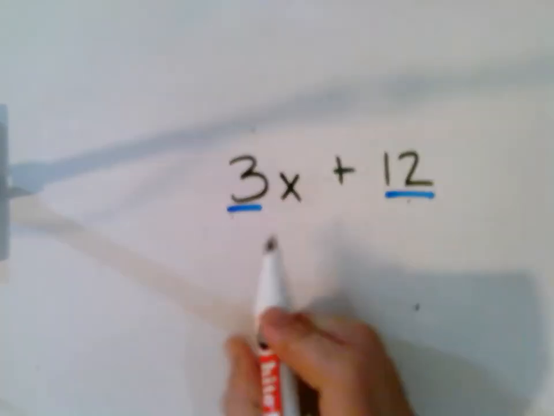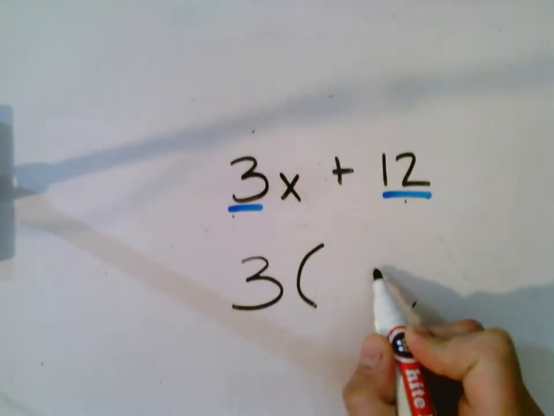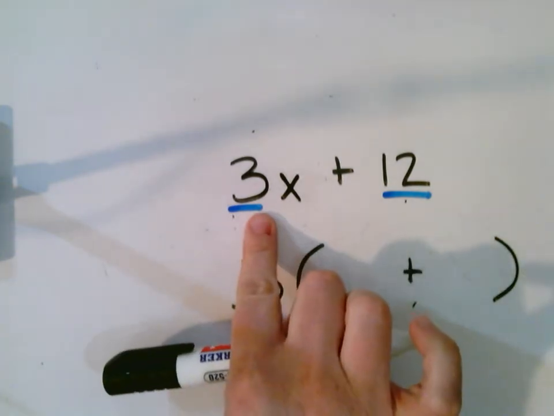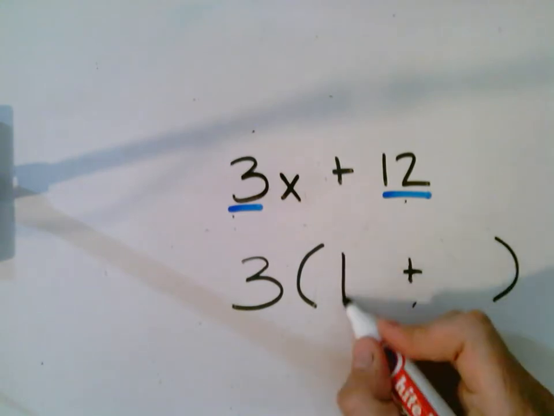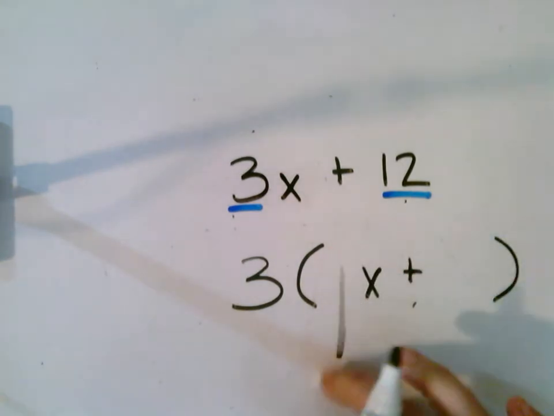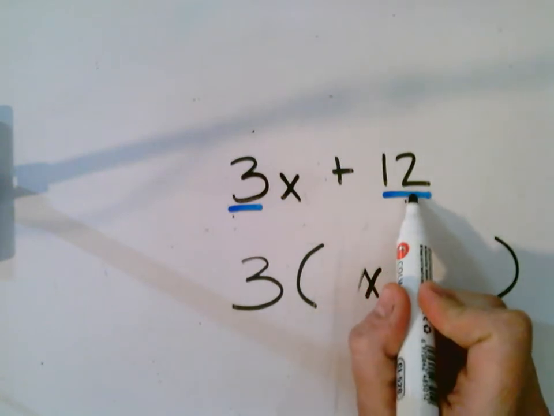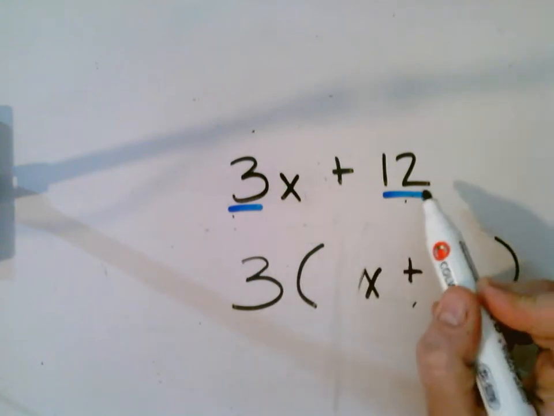So I'm going to write my 3 out here, and I'm going to have something plus something. I'm going to divide the 3 out of my 3x. So 3 divided by 3 leaves me with 1x, I could write 1x, or I can just write an x. And then 12 divided by 3: 3 times 4 is 12, so 12 divided by 3 is 4.